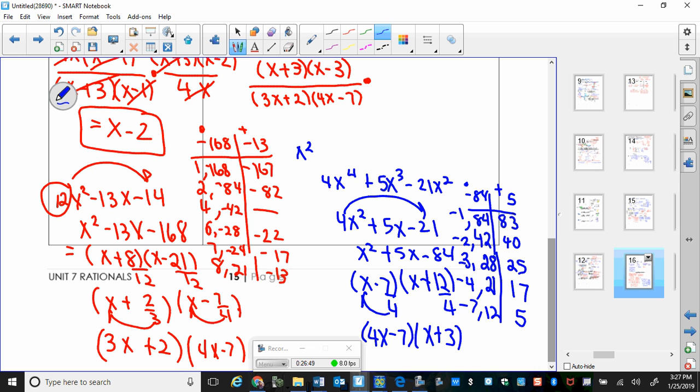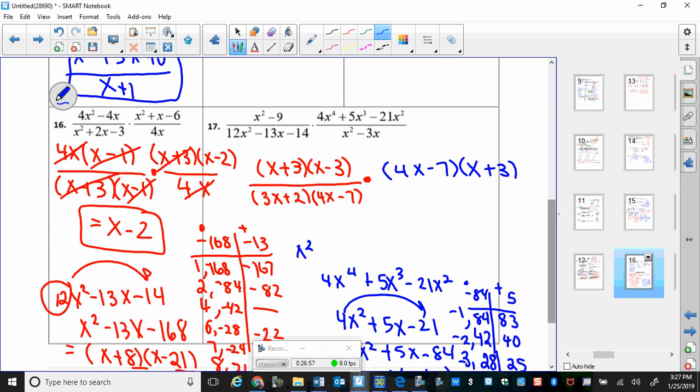So I have 4x minus 7 times x plus 3 on the top here. And on the bottom, factoring out that x, I'm left with x times the quantity x minus 3.